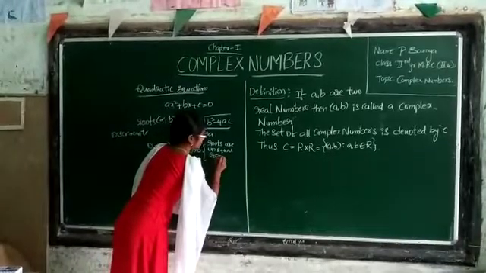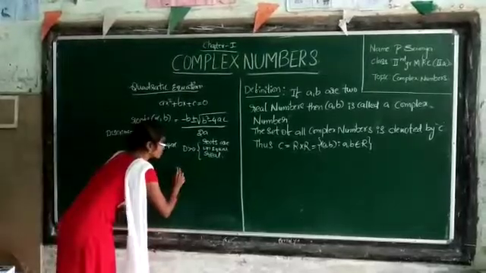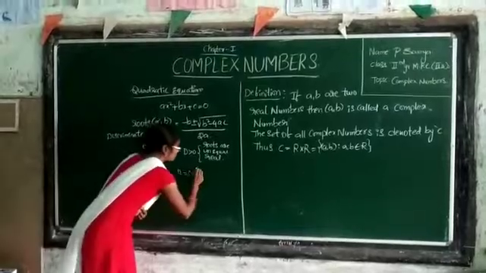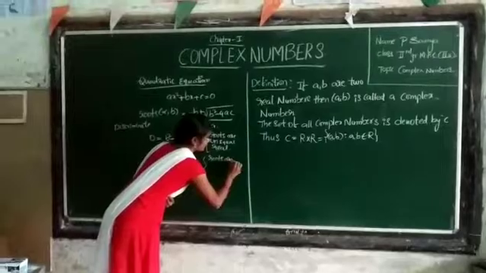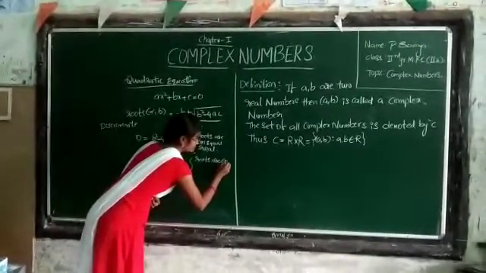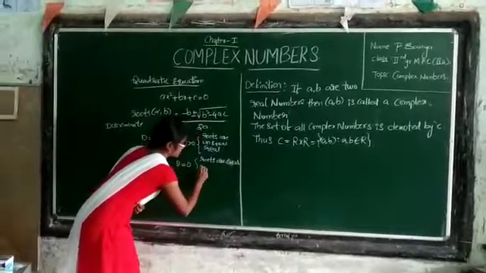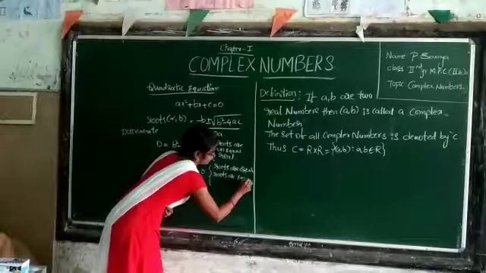If D is equal to 0, then roots are real and roots are equal.